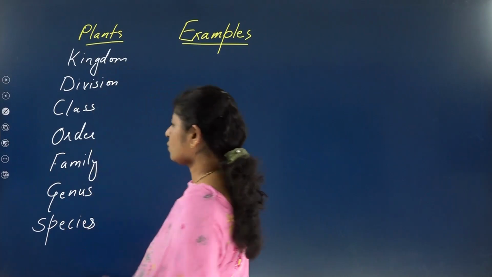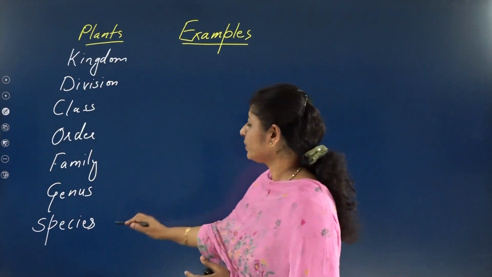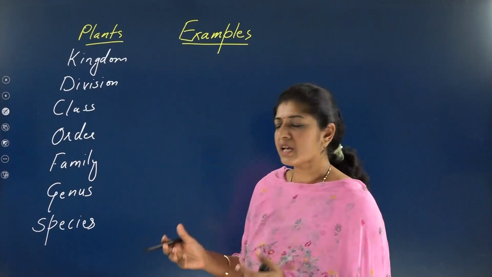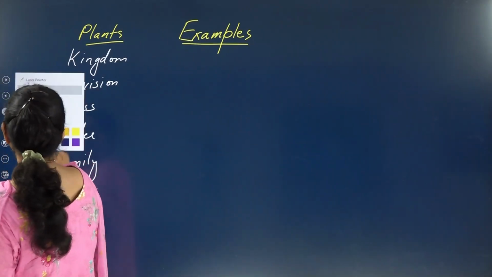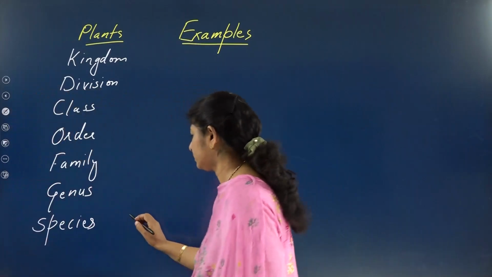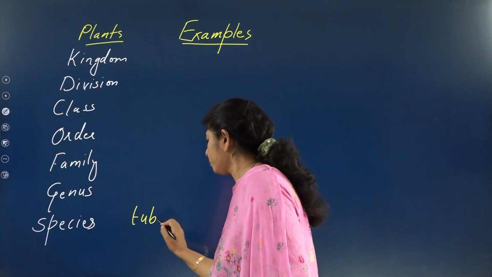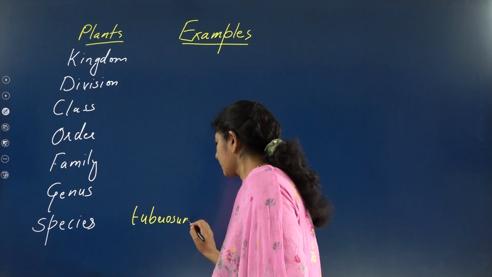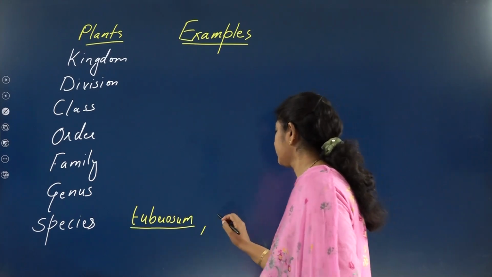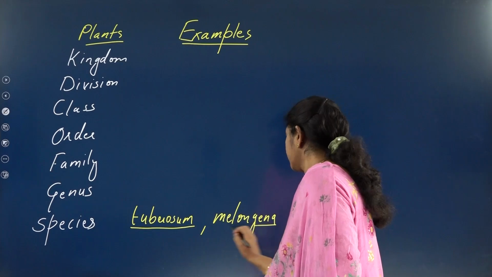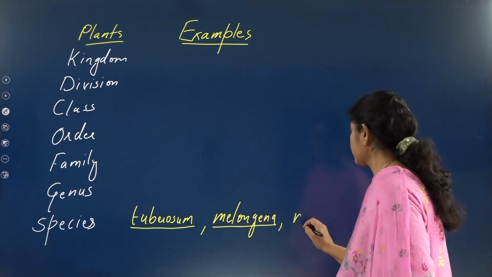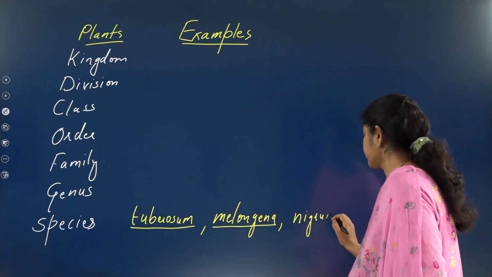Right? Now let's talk about species. We are moving from the lower to the highest now with examples. Let's take the example here for the species: tuberosum, then melongena, then nigrum.